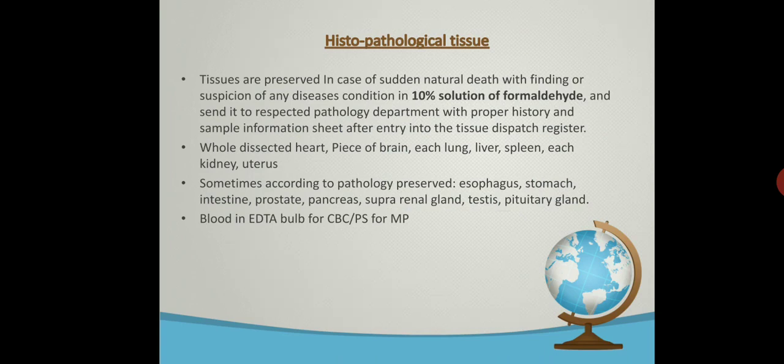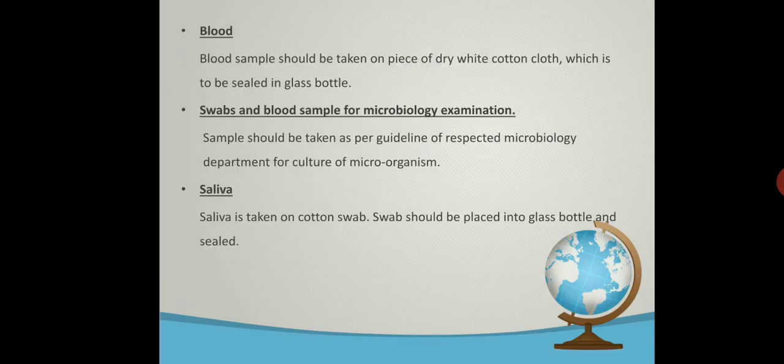So you have to collect that particular organ for histopathological examination. Okay, blood: if blood is taken for blood grouping and cross matching, we can simply soak a cotton piece in the blood, air dry it, and that may be taken as the sample.